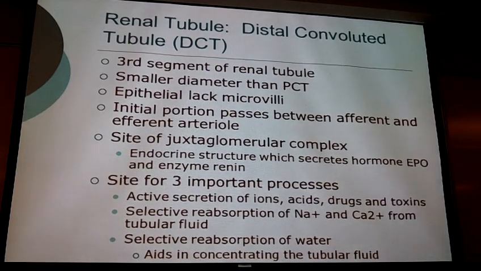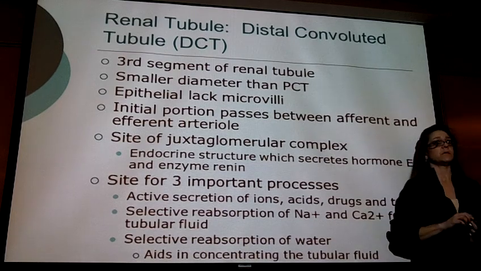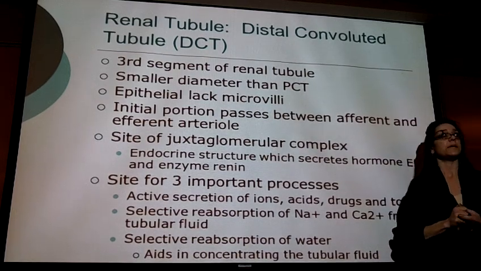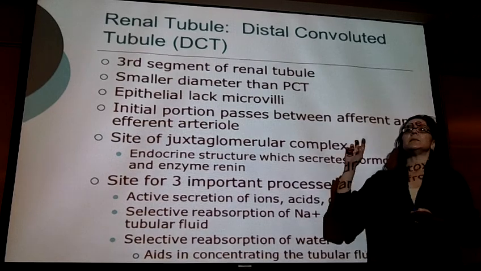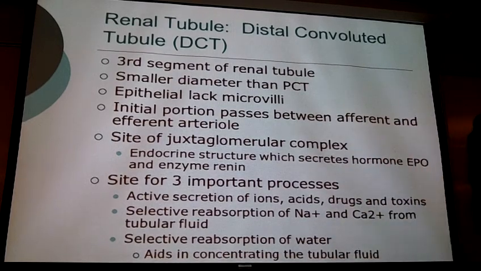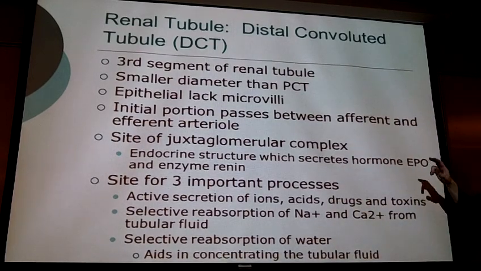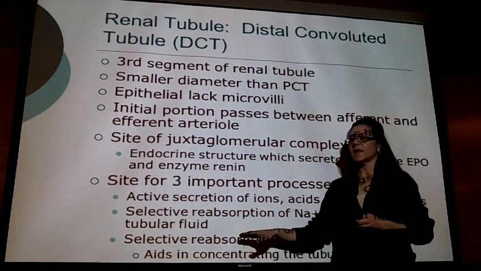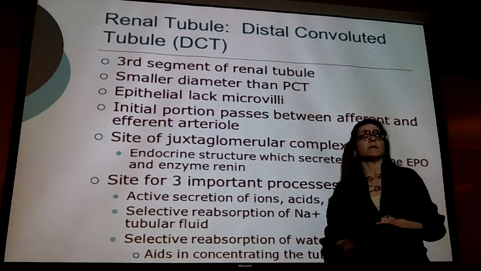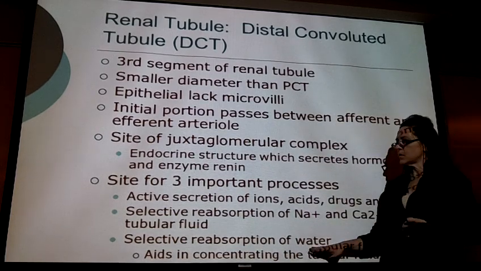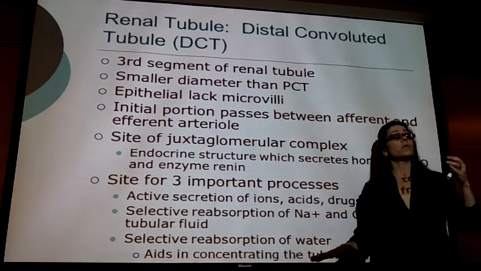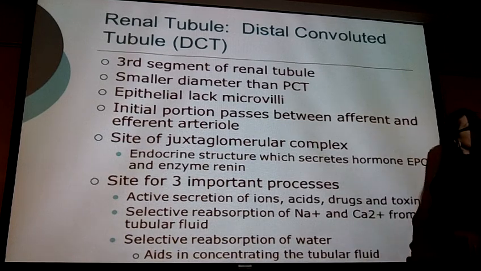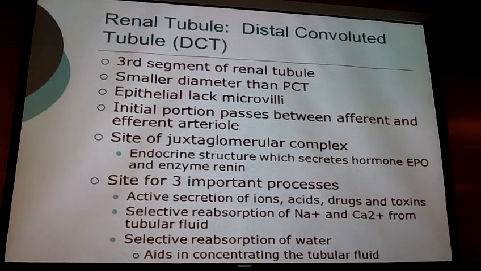If our calcitonin levels are high, then we will reabsorb less calcium here at the DCT. So the DCT is going to be under the influence of hormones, and that's why it says selective reabsorption. We can also selectively reabsorb water here at the DCT, and that's going to be under the influence again of hormones, ADH, and then also aldosterone, and we'll talk about how that works later.